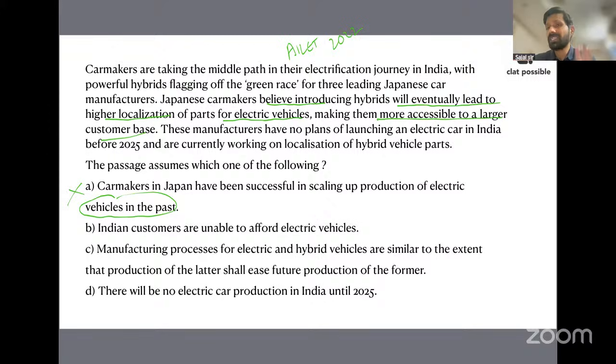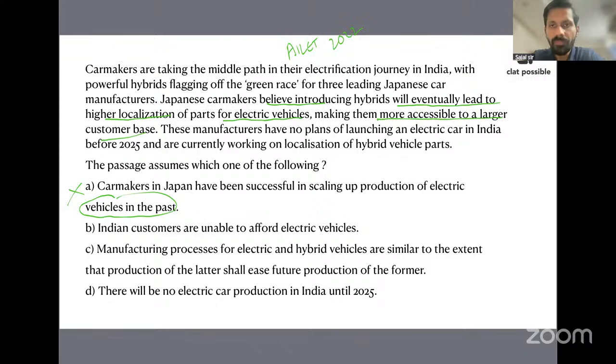We need something that is required for the argument to hold. That before they make that complete transition into electric, they would first introduce the hybrid ones and then they'll move on to electric, because that way they will achieve higher localization of parts for electric vehicles, right?